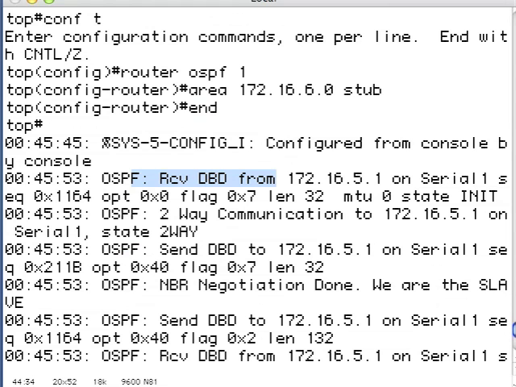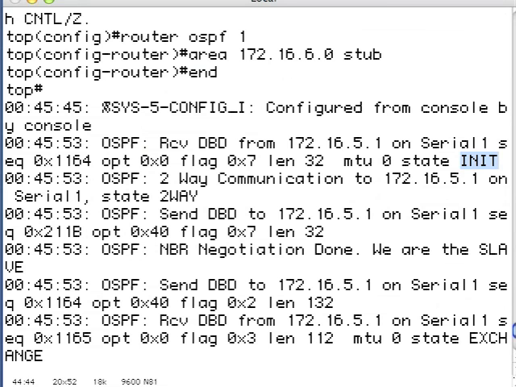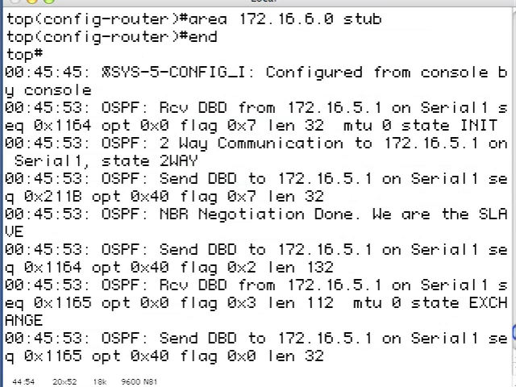So I received a hello, and then I received a database description, and we went to state init. And then we received two-way communication, so we went to state two-way. And then we started sending database description information to them. And then our neighbor negotiation is done.